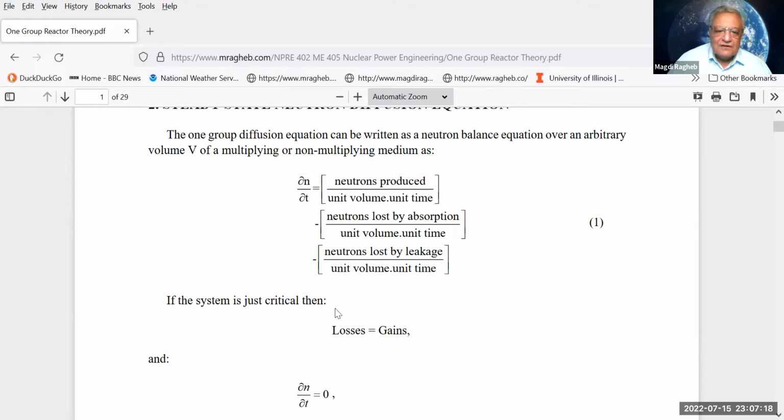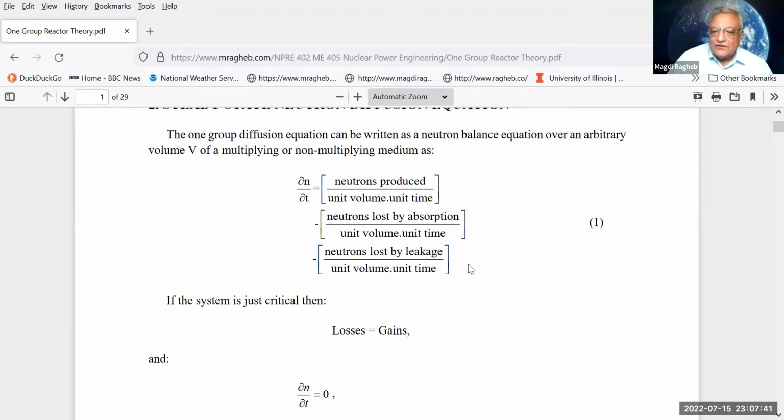If the system is just critical, meaning the chain reaction is self-sustaining, it would be the steady state solution. So the partial of n by t should be equal to 0, which means what? It means that the losses are equal to the gain.